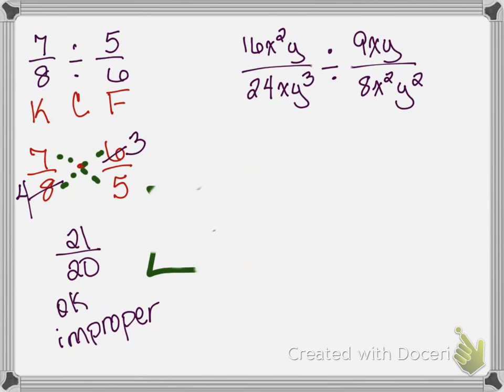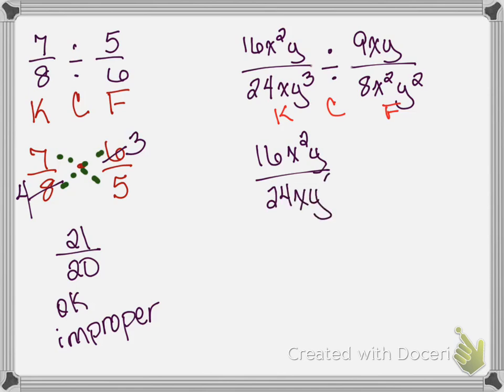Okay, now we're going to do the same thing. Do not skip this step. We are going to keep, we are going to change, and we are going to flip. Okay. I have 16x squared y over 24x y to the third. I write it down exactly the way that I have it.